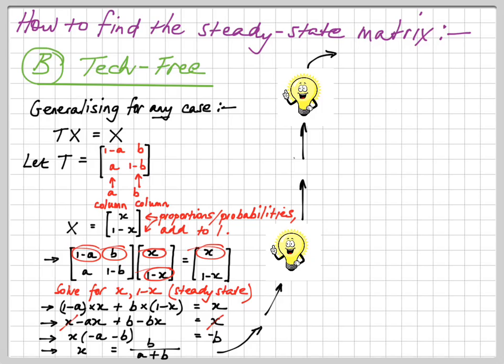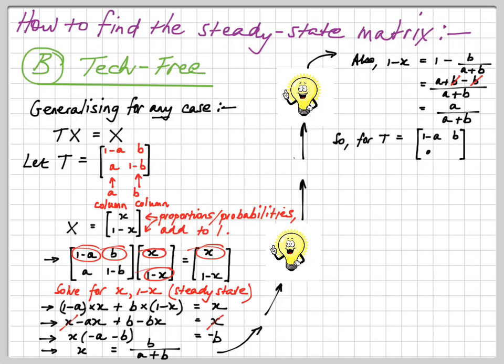Okay, now, we need 1 minus x now, don't we? Yeah, we do, indeed. And that comes out to be that, which comes out to be, oh, wouldn't you know it, A over A plus B. Very, very neat. Now, let's just summarise that. For T equals that thing, which is what we set it up to be in the first place in generalised form, we get the steady state matrix is, now, do you notice how I've circled that B, top right, in the line above?